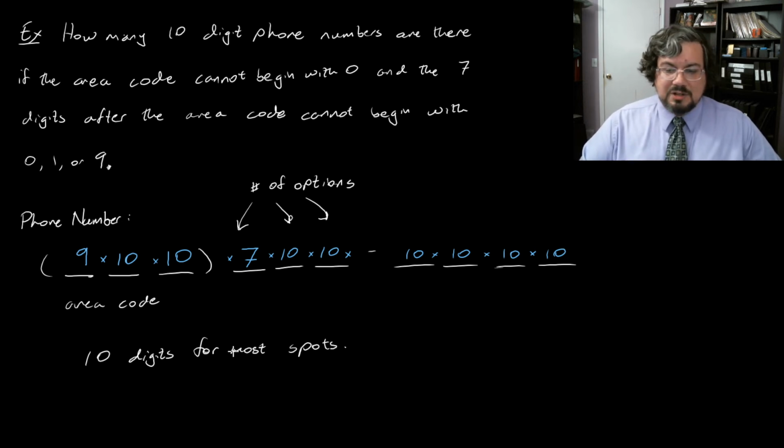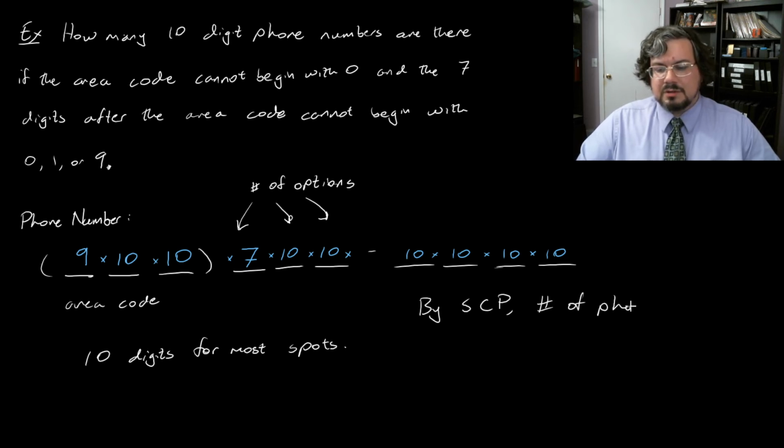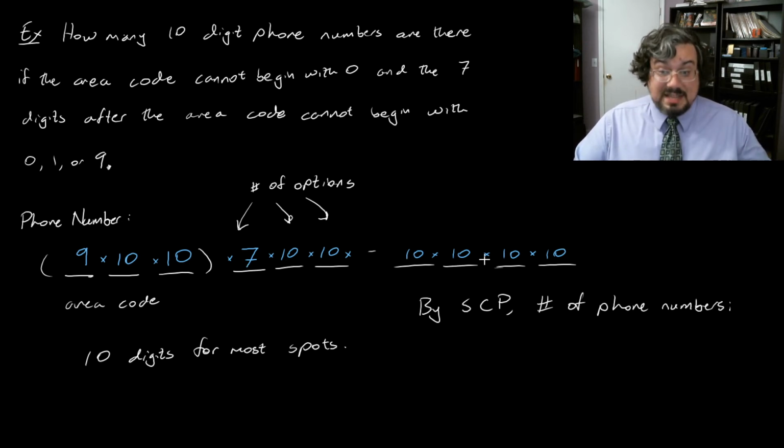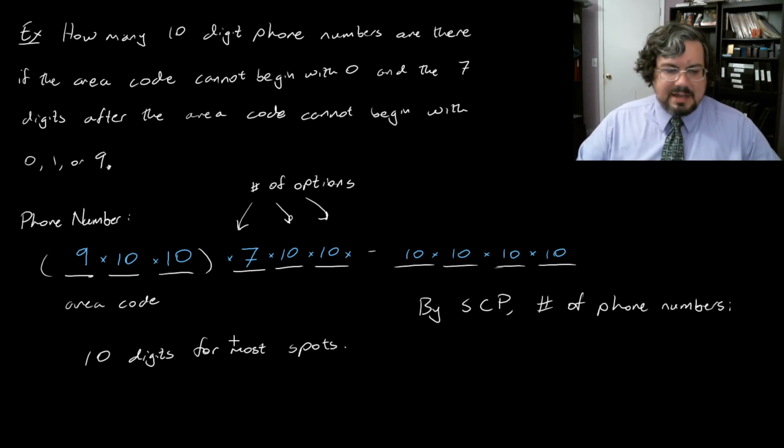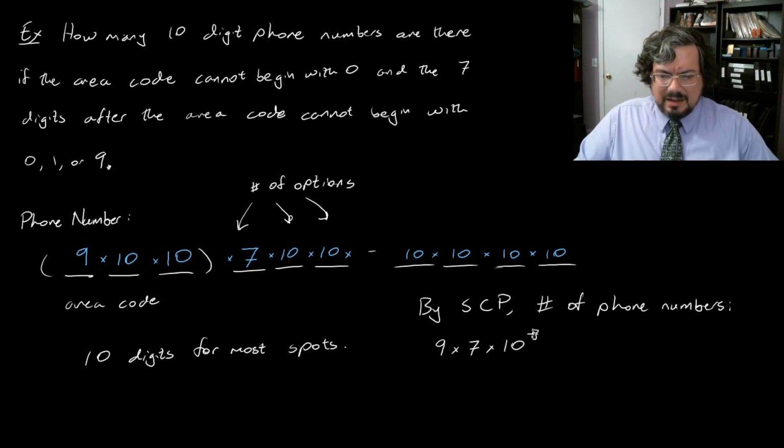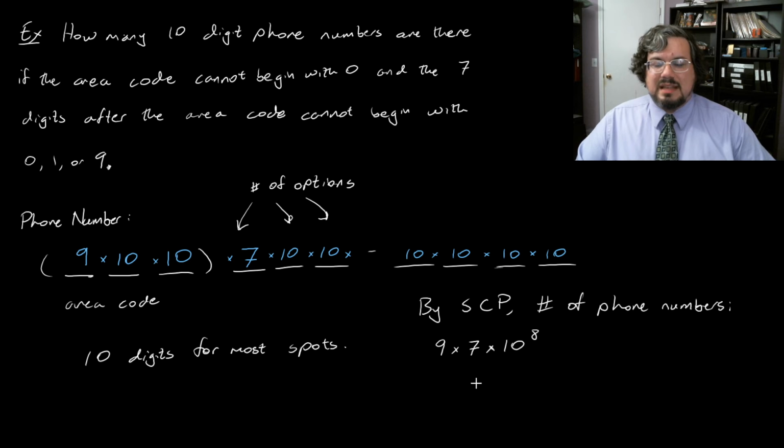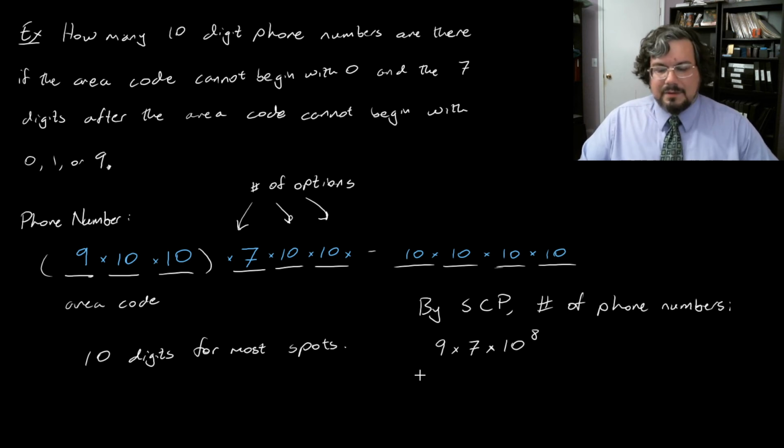So, by the sequential counting principle, the number of phone numbers under these rules is 9 times 10 times 10 times 7 times 10 times 10 times 10 times 10 times 10 times 10. I'm going to simplify that a little bit. I'm going to write that as 9 times 7 times 10 to the 8th.